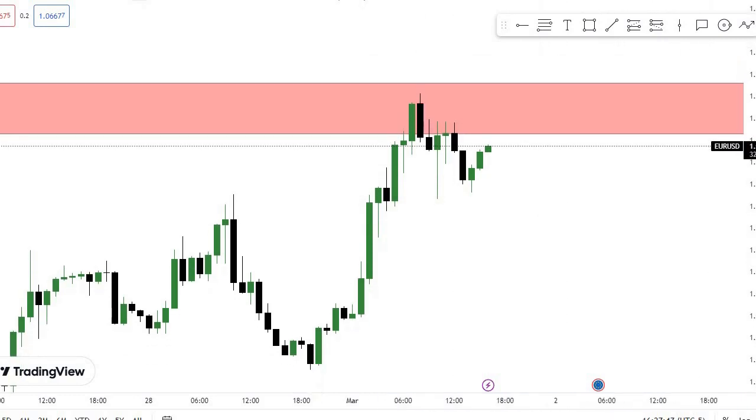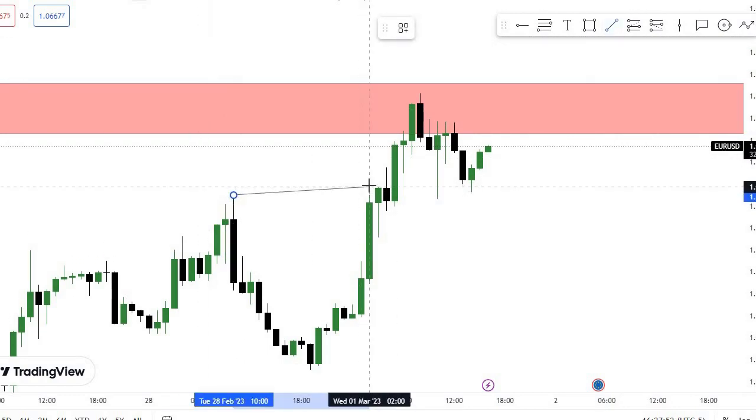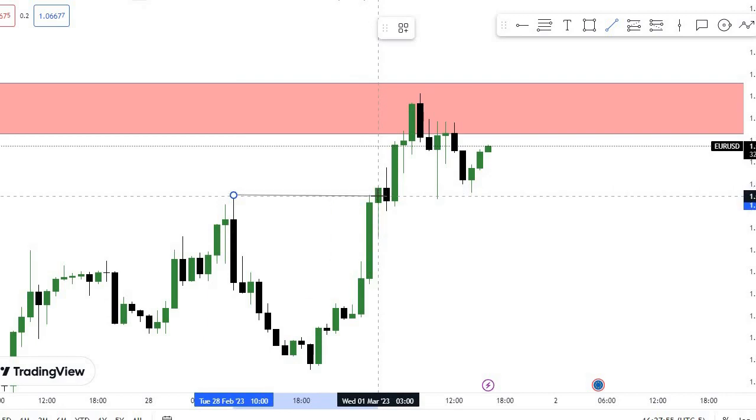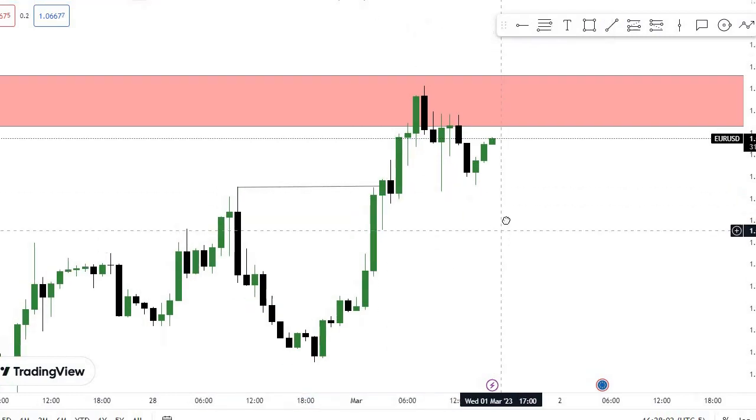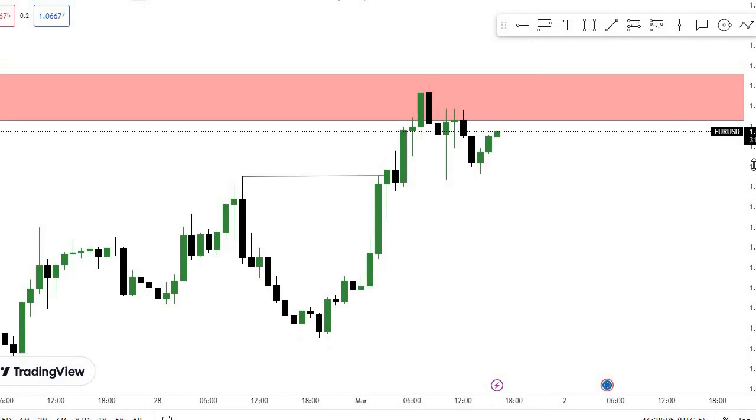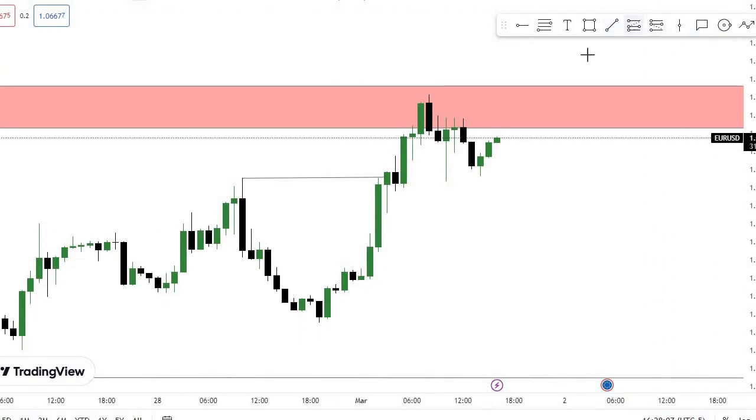We just cleared this, but remember, one of my rules is I cannot buy once price gets above here. I cannot continue buying once price gets above a buy side liquidity or a swing high. I cannot continue buying till it offers discounts within that particular price range. Because if you check the discount within this price range, you will know that price is still high.